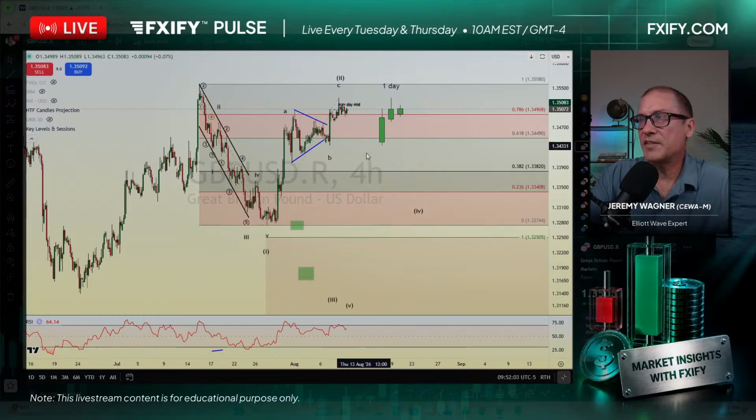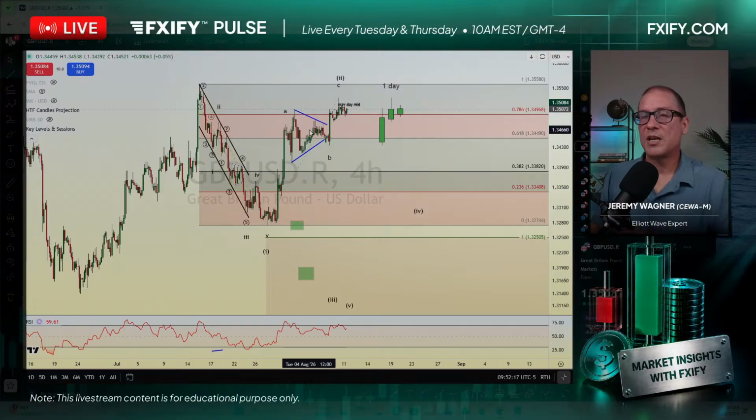So this one might work out to the downside and both euro dollar and dollar CAD might be wrong. But I feel more convicted about what's going on with dollar CAD than what's going on with pound dollar. So if I had to pick one, I'm leaning into the dollar CAD.